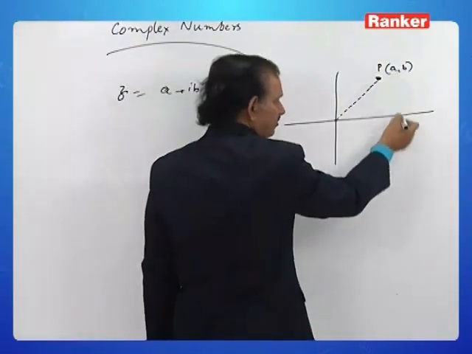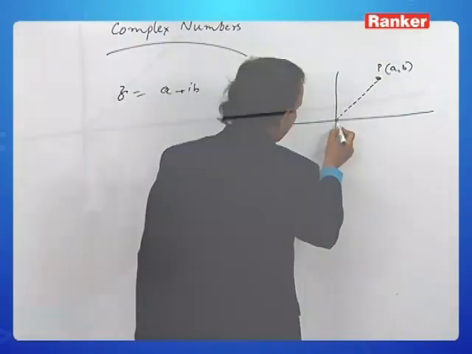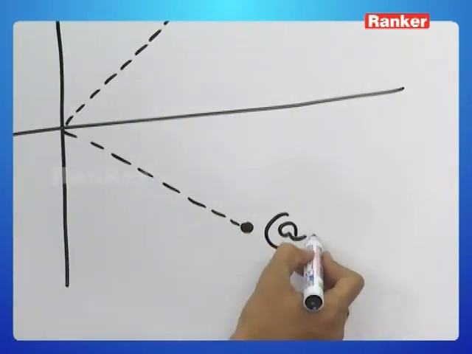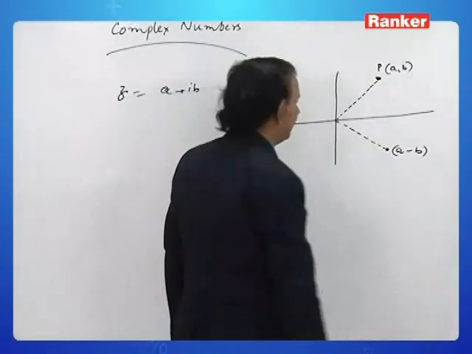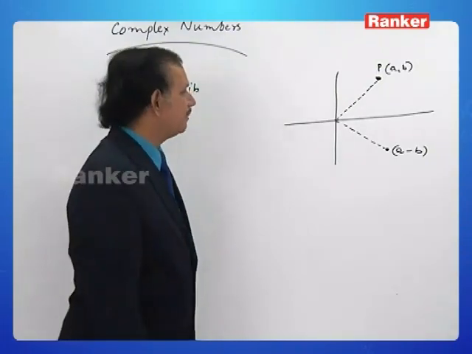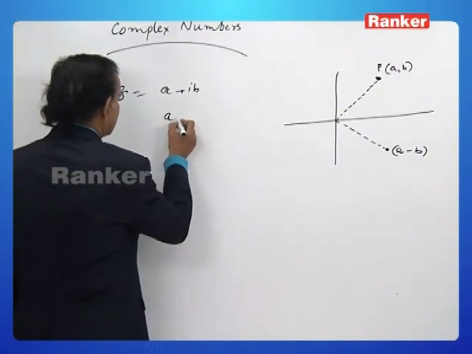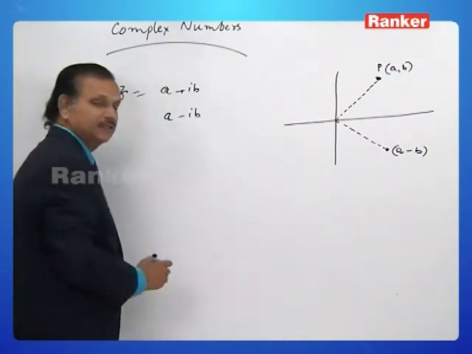Observe its image in the x-axis. It is just nothing but a comma minus b, isn't it? Now you produce the complex number a minus ib.